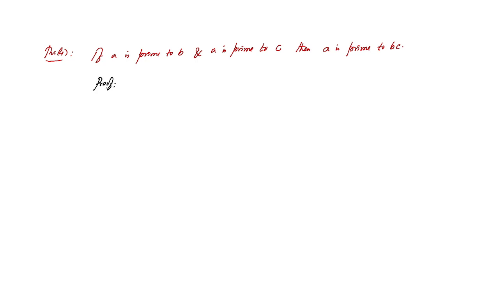So how to prove it? What is given? Given A is prime to B, that means GCD of A, B equals 1. Now A is prime to C, that means it is also given GCD of A, C equals 1.